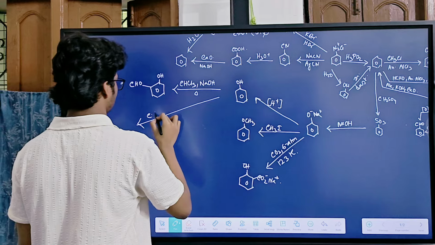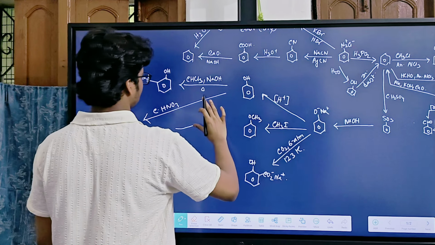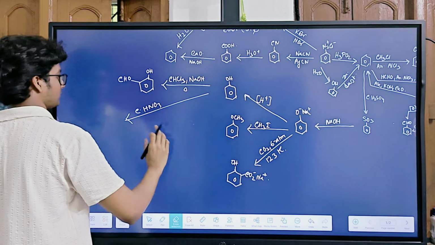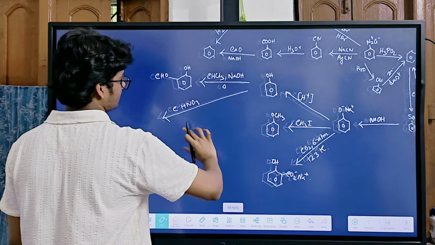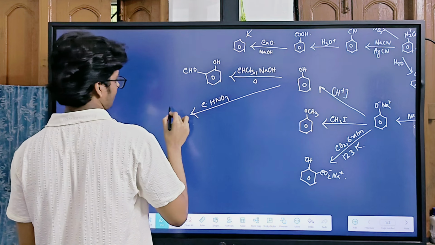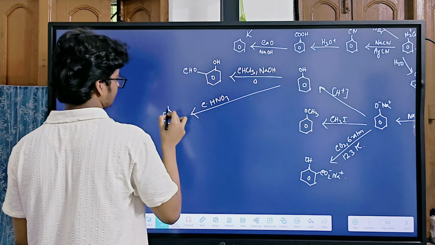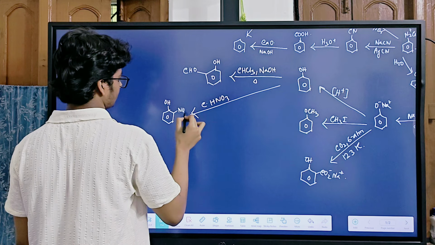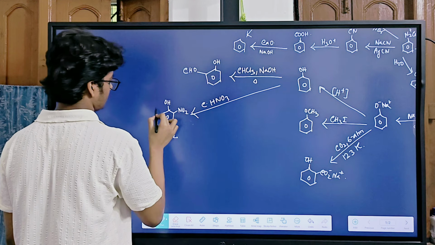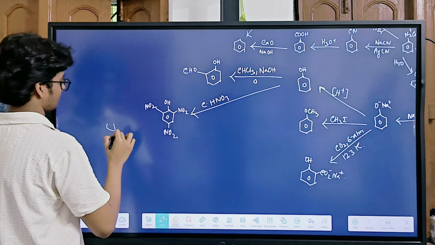Then with concentrated HNO3, all three nitro groups will be attached to the benzene in ortho-para condition, giving picric acid.